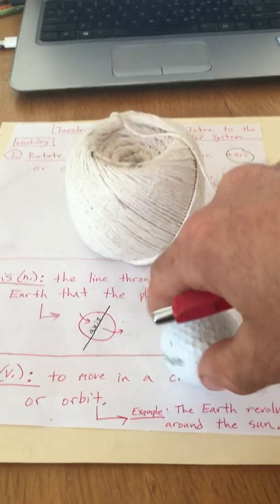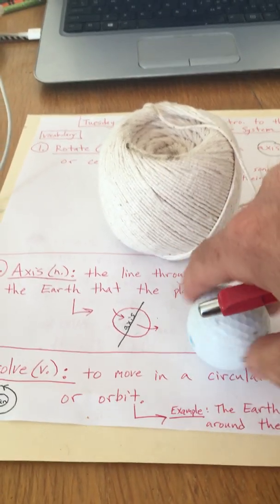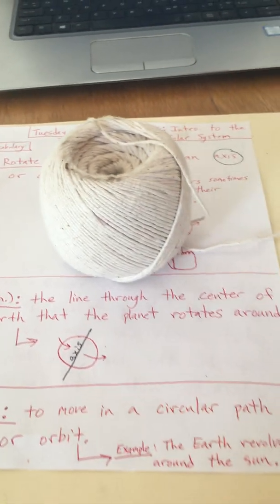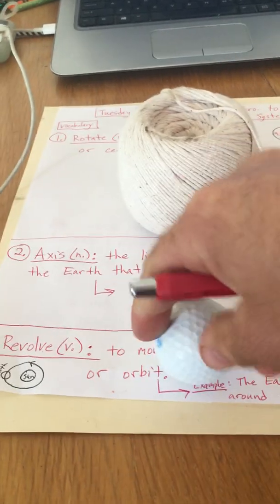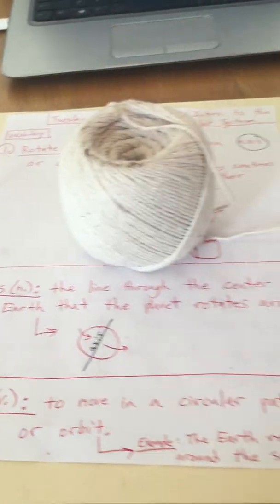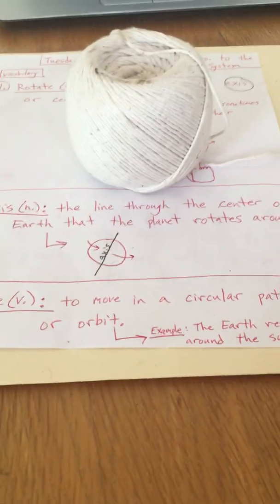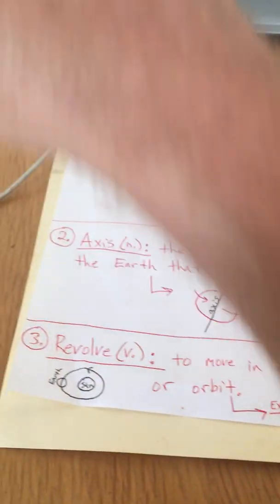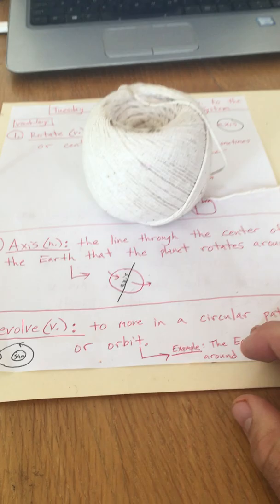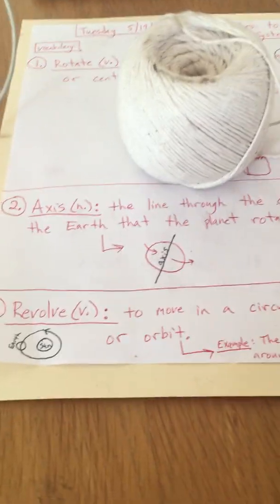Rotate is to spin, revolve is to travel around in a circular path. Now, it's not a perfect circle, it's more like an oval when the Earth revolves around the sun. But we're going to talk more about that in the next couple of days.